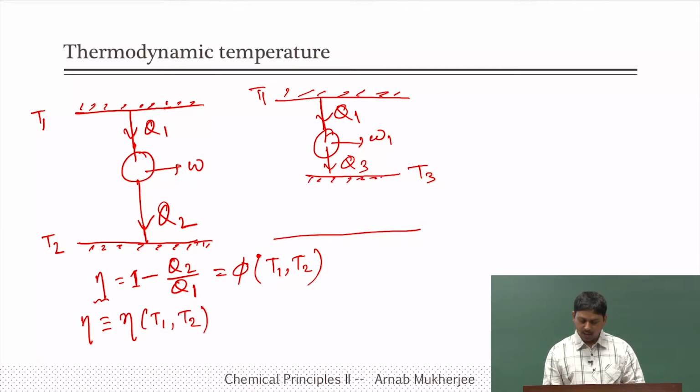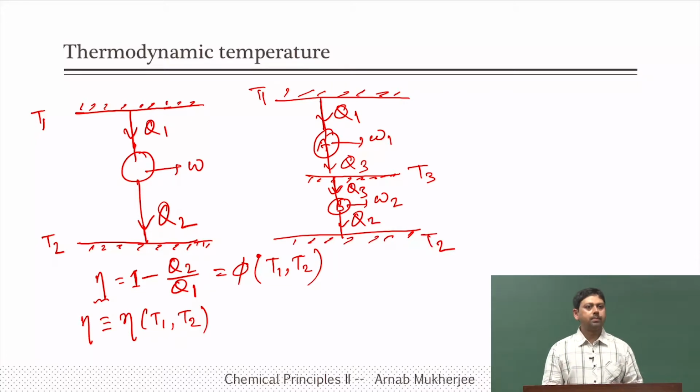So, T3 works as the low temperature reservoir for the upper engine, let us call that A, and then the same Q3 will be taken in by another engine called B, which does some other work, and finally, Q2 heat is thrown to the T2 temperature reservoir.